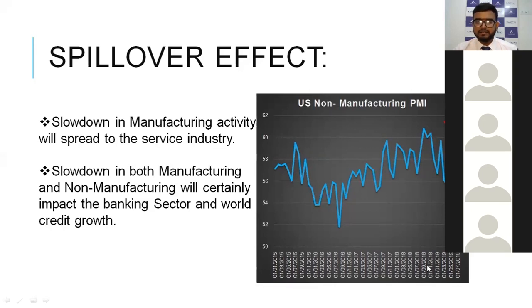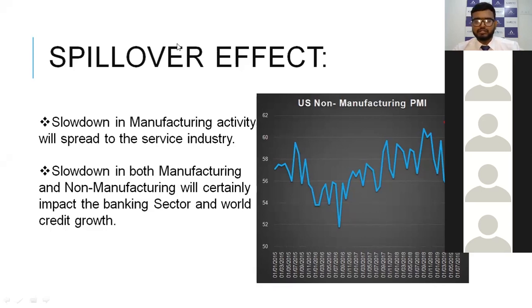But since then, from the last quarter of 2018 and into 2019, this also started to take the impact of the slowdown in the manufacturing activity. Matlab, the slowdown in manufacturing activity started to impact non-manufacturing activity as well.